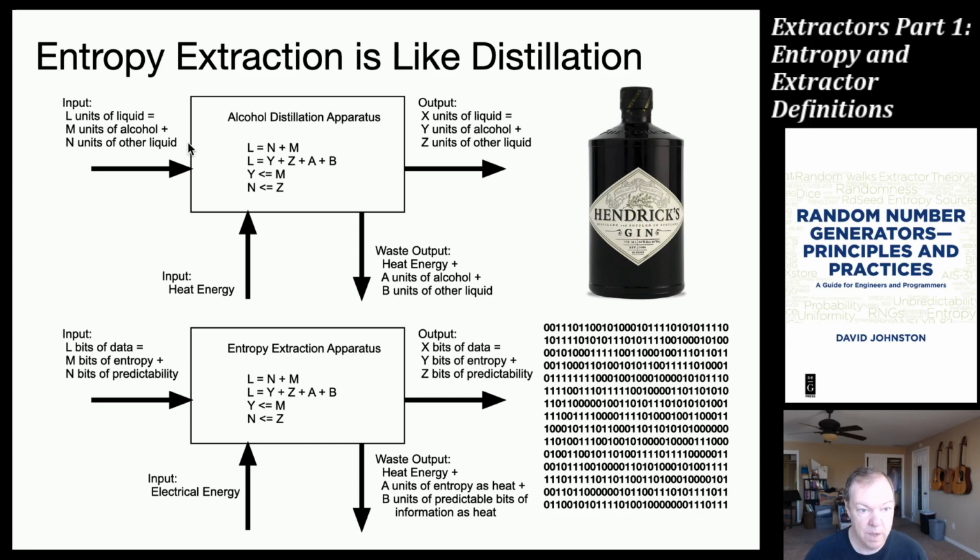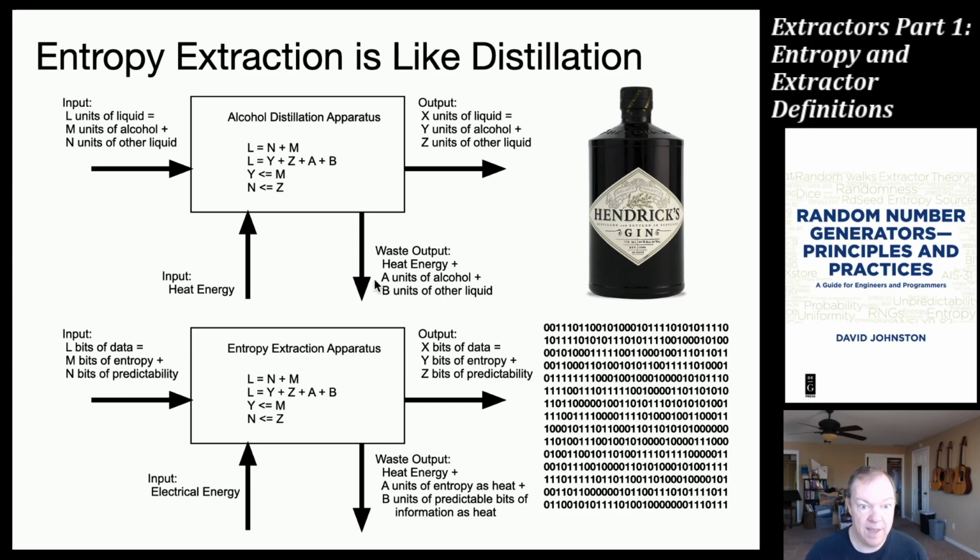So that goes in, and we can say L is equal to n plus m. And then we output x units of liquid, a smaller amount of liquid, y units of alcohol plus z units of some other liquid. But this should be a more concentrated solution of the alcohol. The y value should be bigger relative to z than m is relative to n.